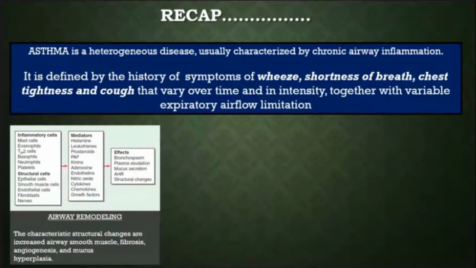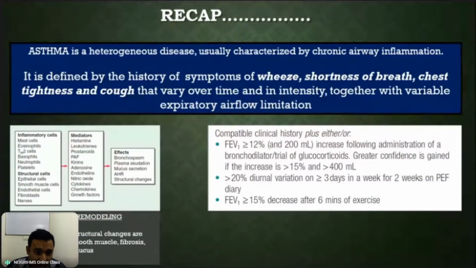So diagnosis, again, the most important diagnosis is your spirometry. You need a bronchodilator reversibility. That means after giving salbutamol of 400 mics, you then repeat your spirometry and you note any improvement in FEV1.